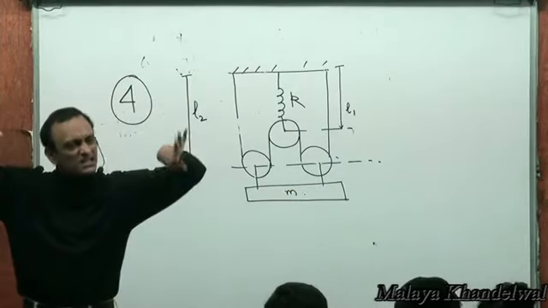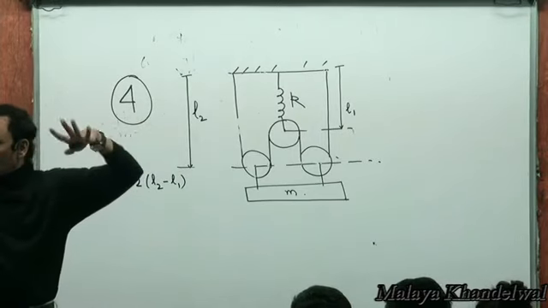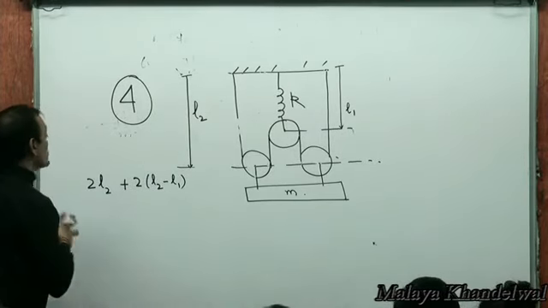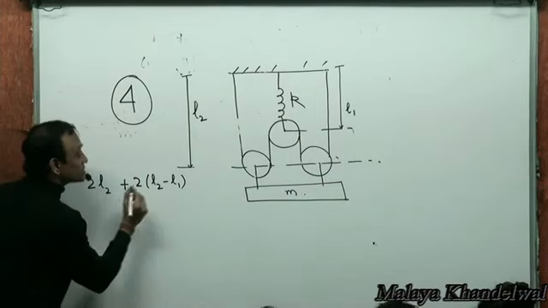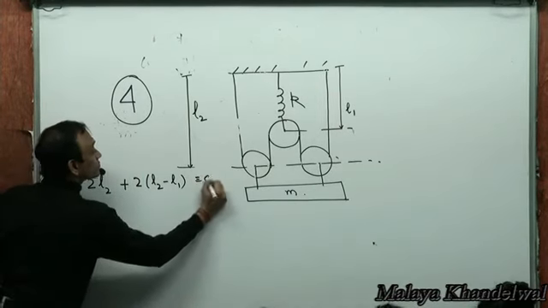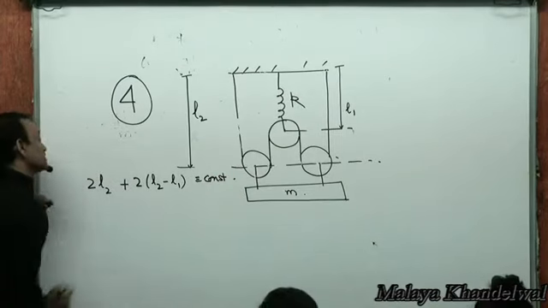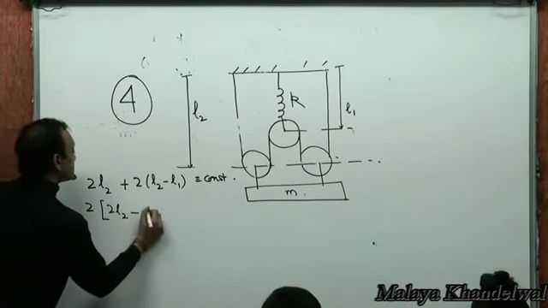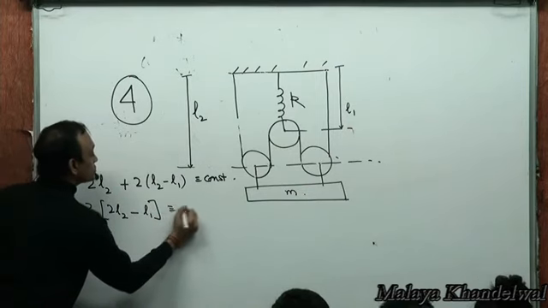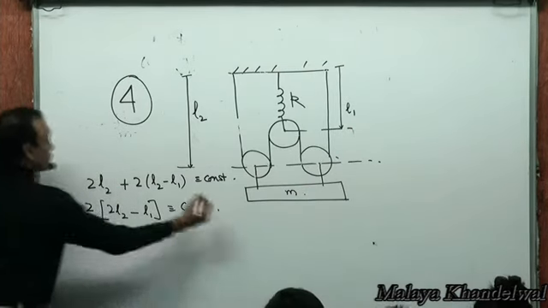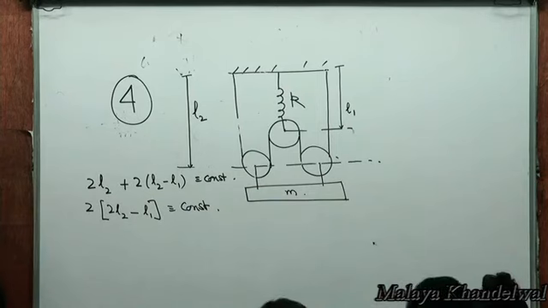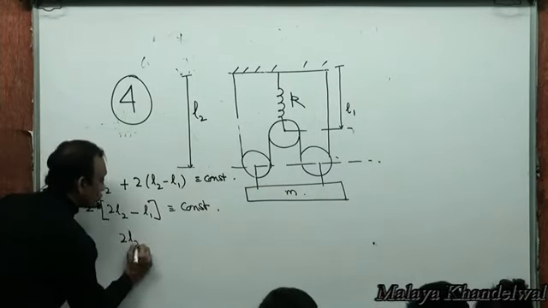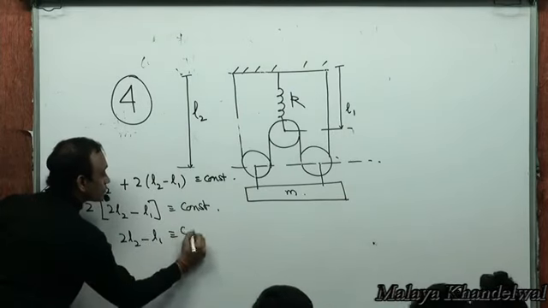Wrapped up length anyways does not change, right? So this string length, will it vary with time? No, this will remain the same. So this is a constant, which means twice of 2L2 minus L1 is also a constant, right? If this is a constant, that means 2L2 minus L1 is a constant.